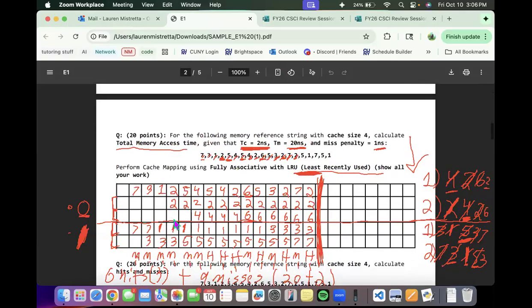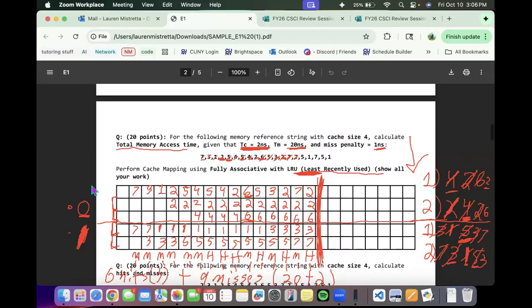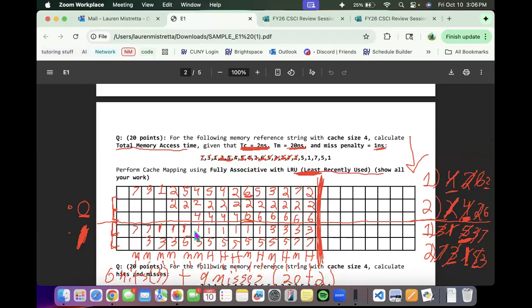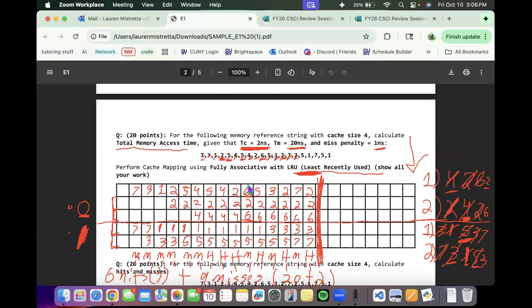I'll be honest, I kind of feel like this is a little bit more intuitive because once you get the rhythm of things, you can just write it out and follow it with the formula and everything. I think it might be slightly quicker too because you're only doing the cache mapping for this set of data.